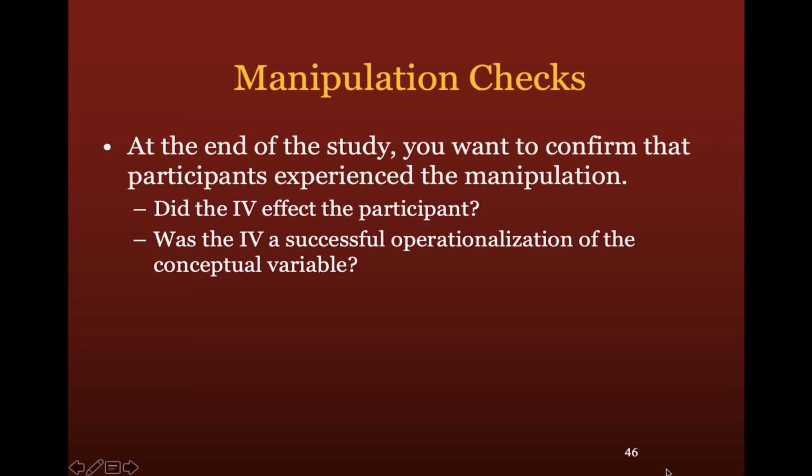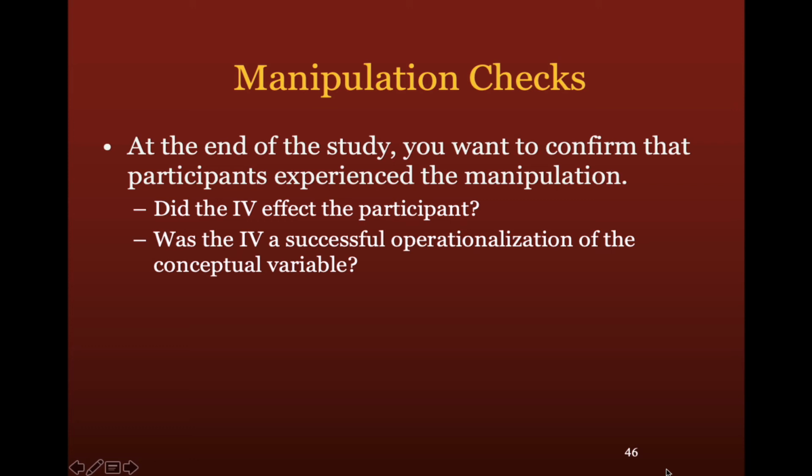Because you want to ensure that everyone in the negative feedback condition had that experience of getting negative feedback. If some people were in the negative feedback condition, but they were like, oh, I got great feedback, that's problematic because they're supposed to have thought that they got negative feedback.